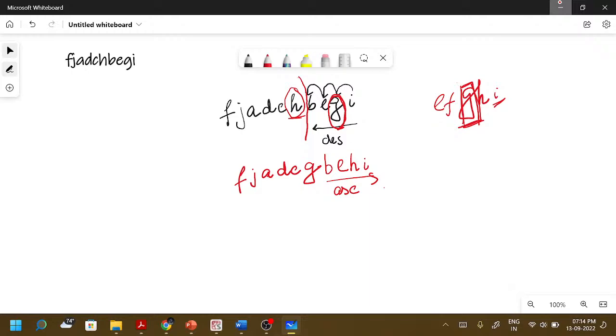So we write F J A D C G on the left side, and the right side we have to order in descending. If we order in descending order, first will be I, then H, E, B. So this is our correct answer.